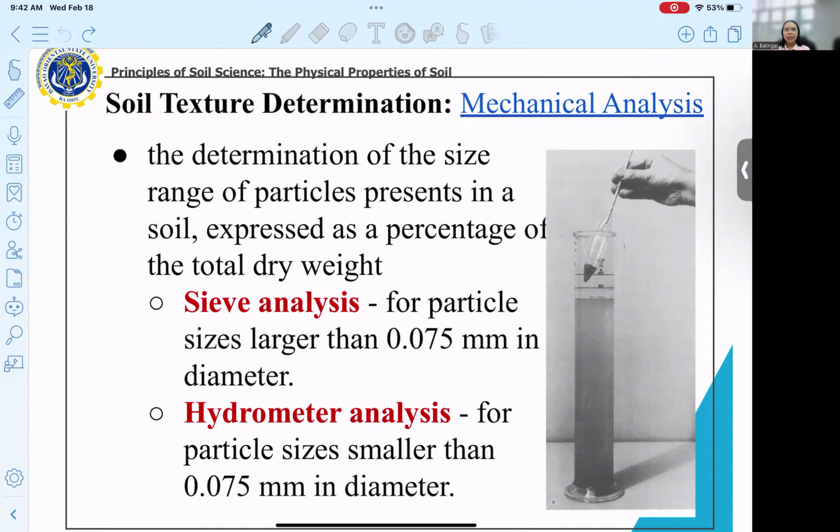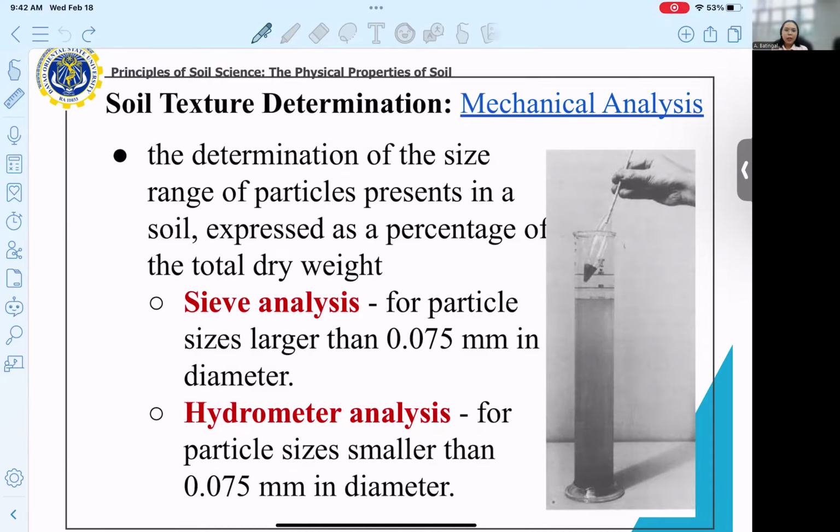With sieve analysis, you just sift the soil and determine the simple size: if the size is less than 2 millimeters but greater than 0.05, it is sand.